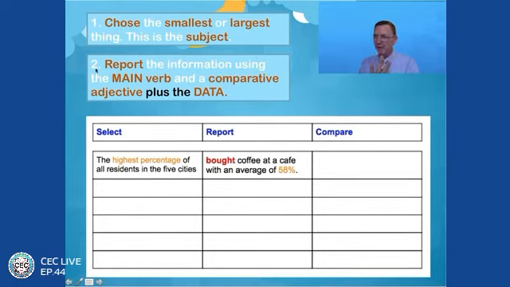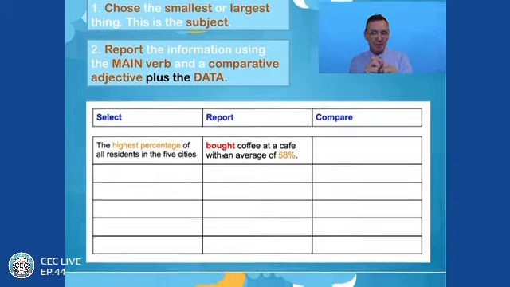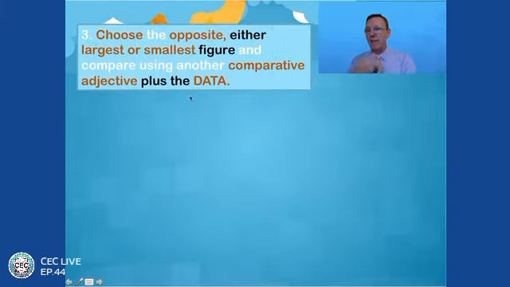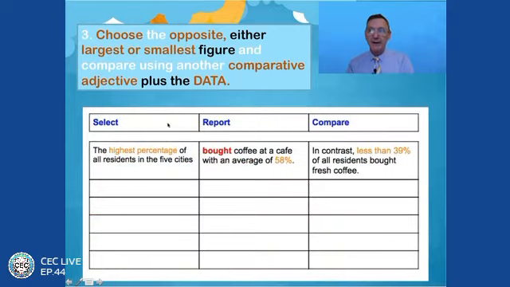Step 3, select the opposite of the first one, either the highest or the lowest, and write a short note or comparative sentence using a compare adjective, like less than, fewer than, lower than.